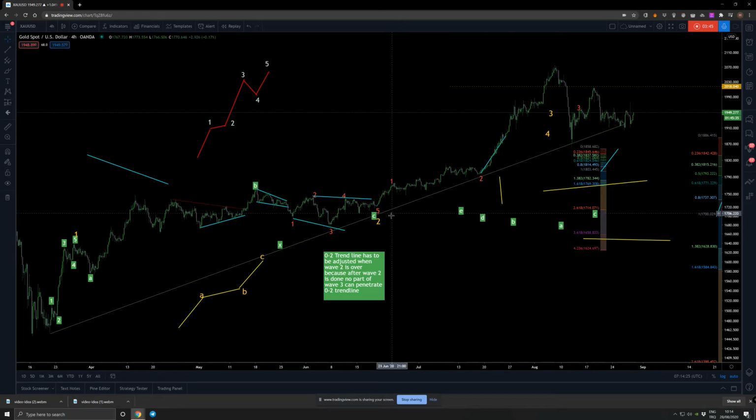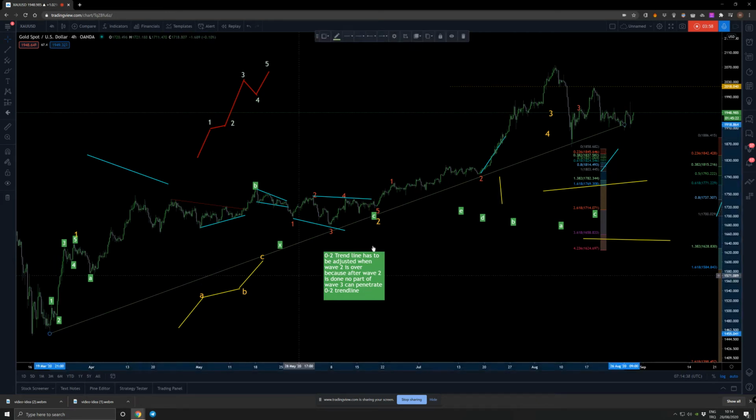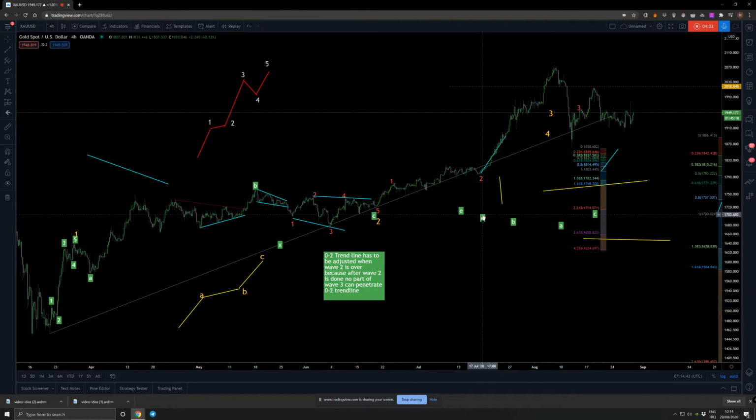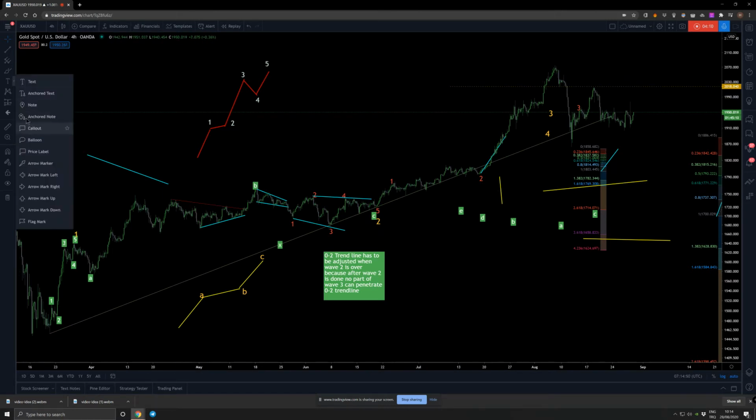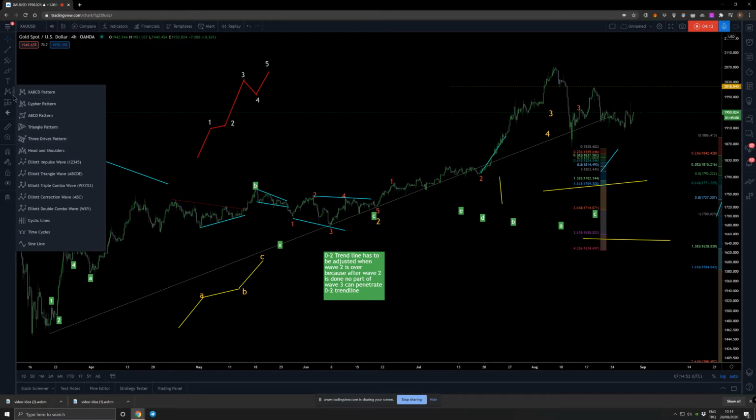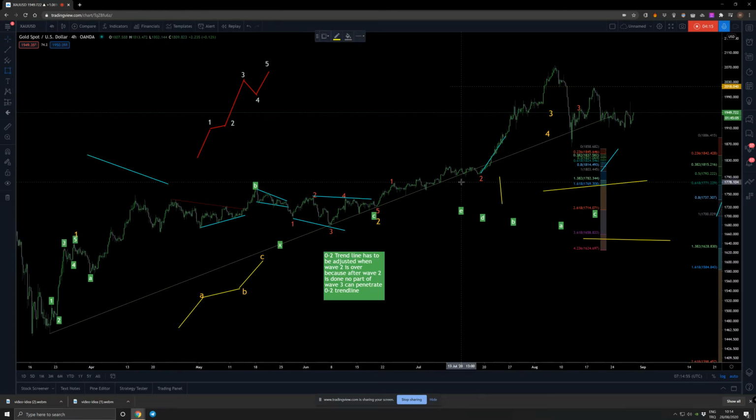The thing I don't like about this, even though it turned out to be on our side, is that you have to draw your 0 to 2 trend line, which in our case is this, and no part of the third wave, which as you can see here is this part, can break it.